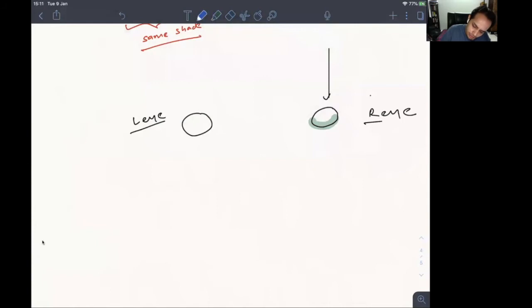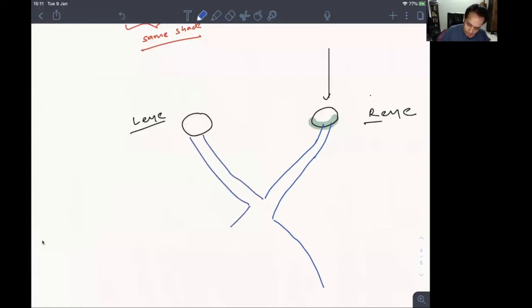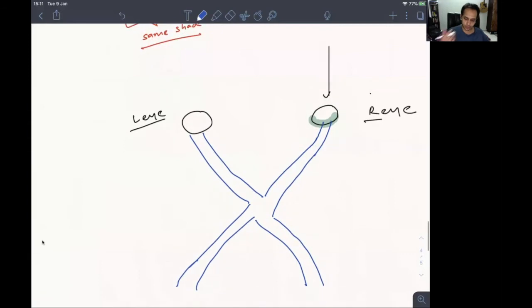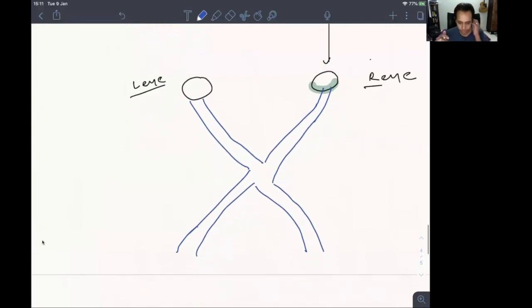And this image will get carried in the optic nerve, and some of it will get sent to the opposite side. I hope you're all aware of the anatomy of the optic nerve. If you're not, then tell me. I'll take another 5 minutes to explain that, because you need to know that.